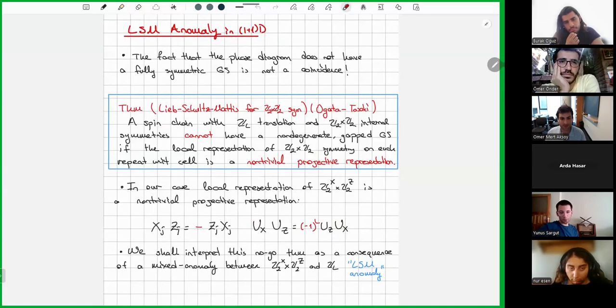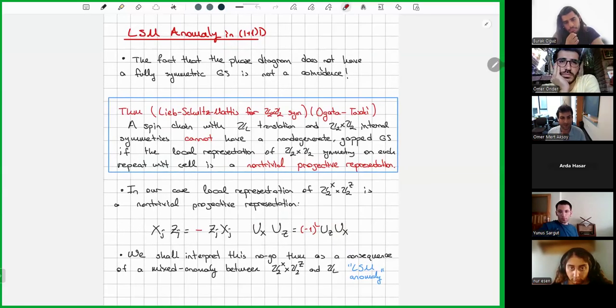And the interpretation that I want to give this result, it's just a theorem, is that there's a mixed anomaly between this internal symmetry and this translation symmetry.